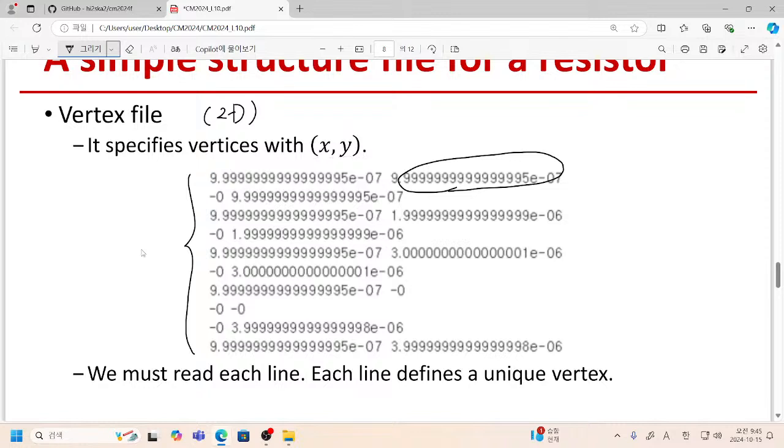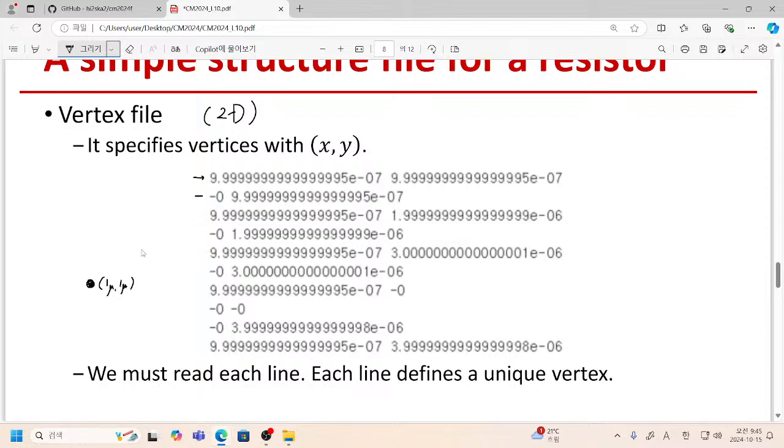Then please try to imagine what it says. It means that here we have 1 micrometer, 1 micrometer. There exists a point, assigned at 1 micrometer, 1 micrometer.